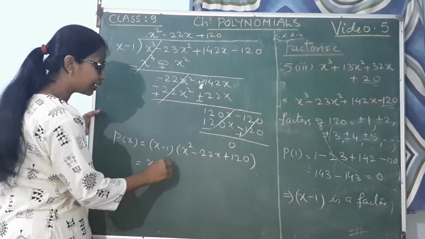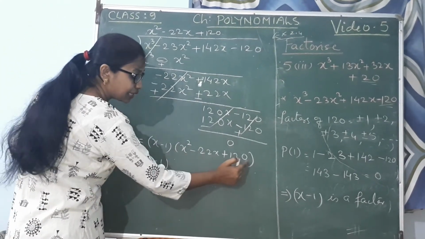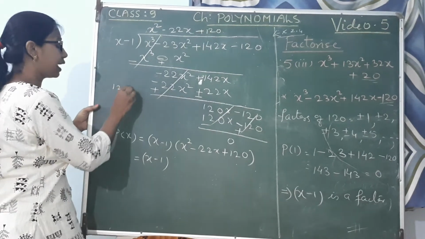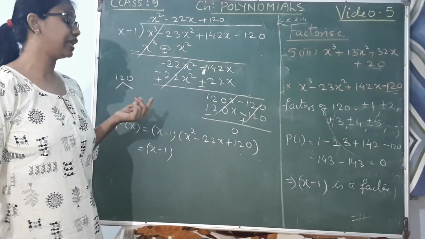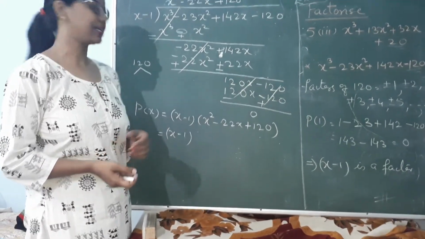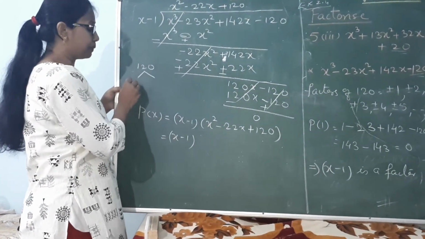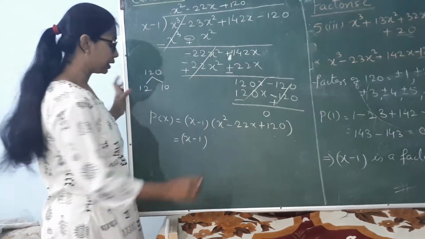So x minus 1 we have already taken out as a factor. Now do the middle term splitting. For 120, can you find two numbers whose multiplication is 120 but give you 22 on addition? It's very simple: 12 and 10. 12 tens are 120, and 12 plus 10 gives you 22.